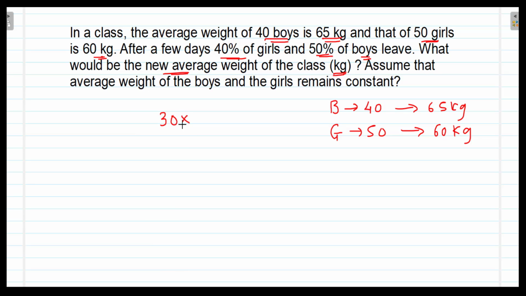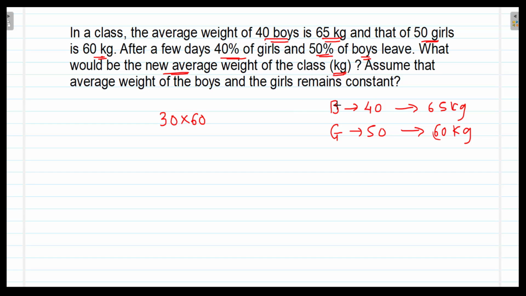30 girls multiplied by the average weight, that is 60 kg, will be the total present weight of the girls. And it is said that 50% of boys leave, it means 50% of boys are still present. So 50% of 40 will be 20.